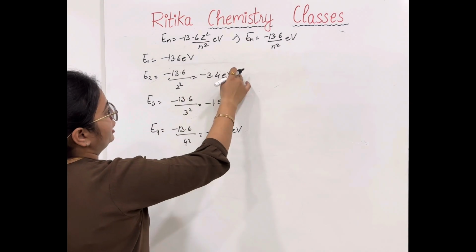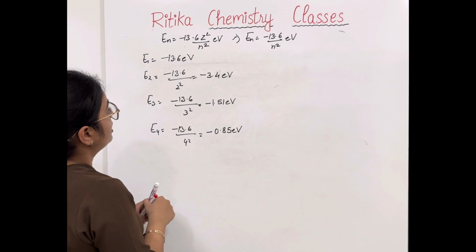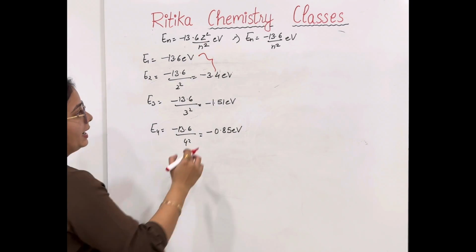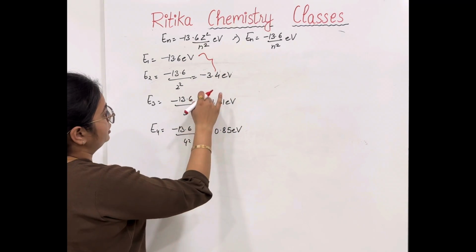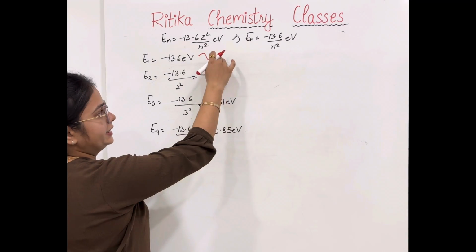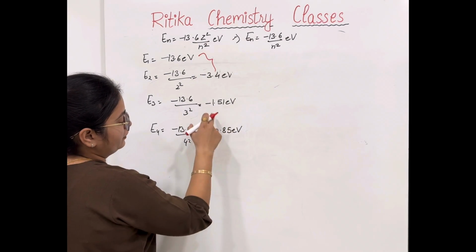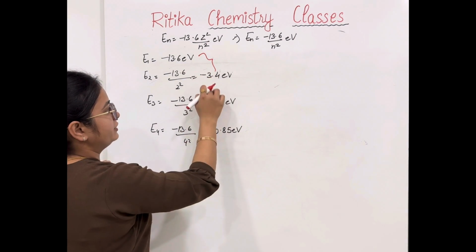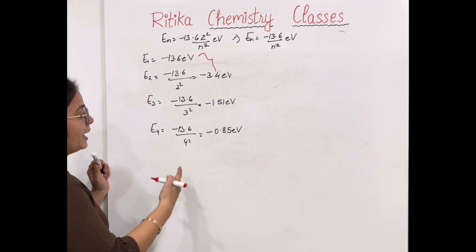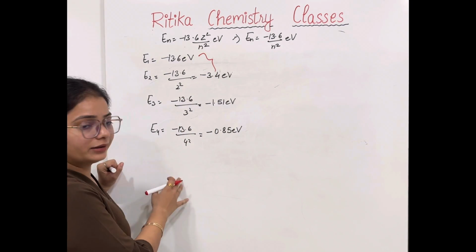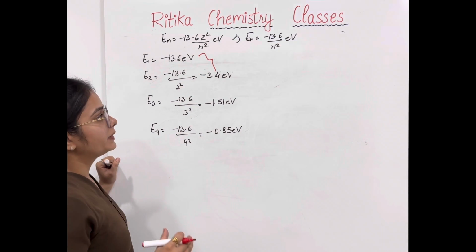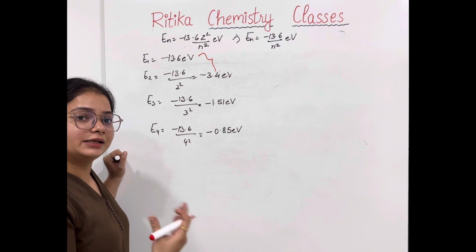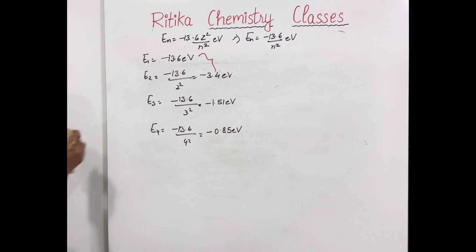From these values of energies, you can see that the gap between these two energy levels is very large, and the energy gap between these two energy levels is smaller than this gap, and the gap between these two energy levels is again smaller than both of these energy gaps. So as we move towards higher energy levels, the energy gap between successive energy levels goes on decreasing.